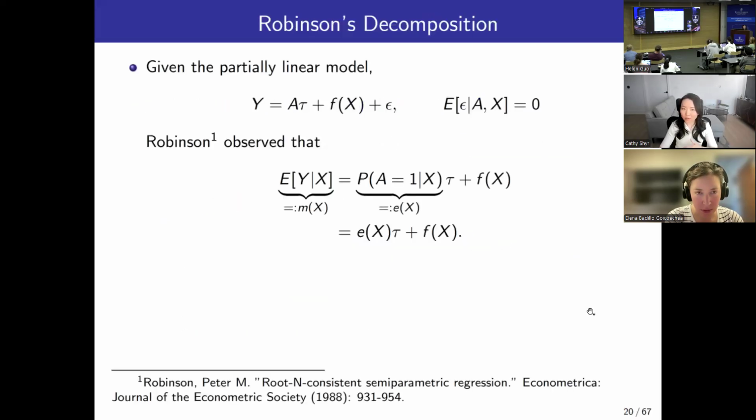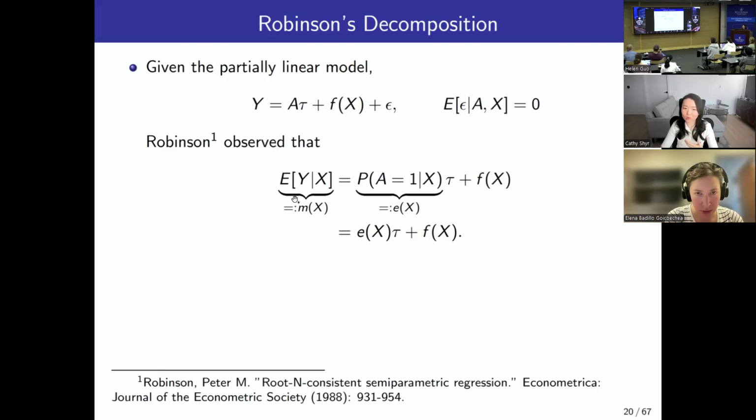From here, given the partially linear model, which I've written in equation 2, Robinson, in his 1988 paper, "Root-n-consistent semiparametric regression," observed that we can rewrite it by first taking the conditional expectation given X on both sides.